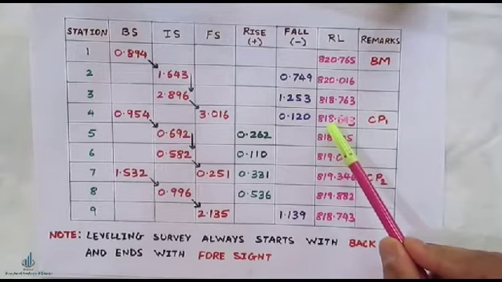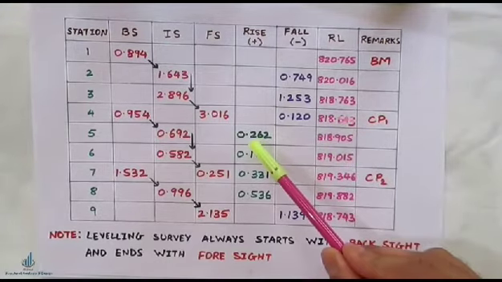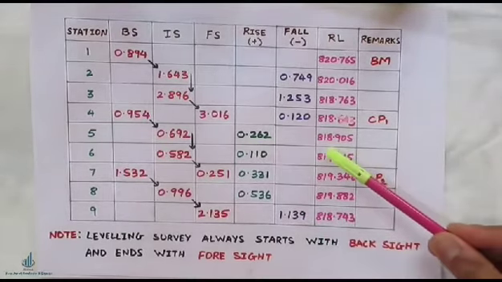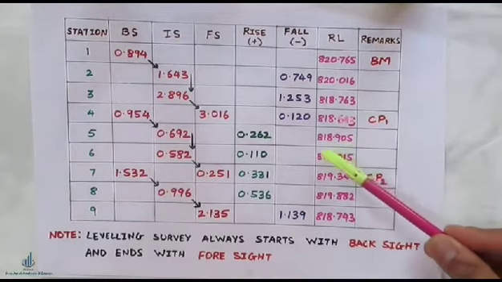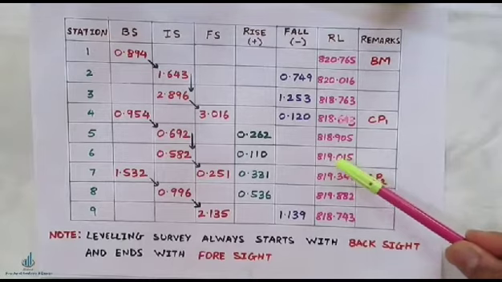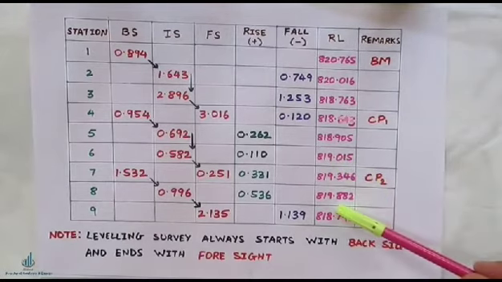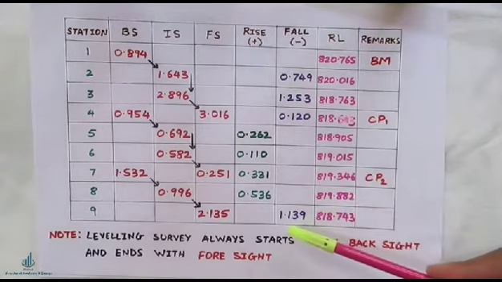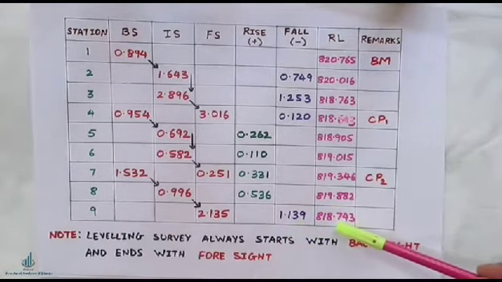So this value you have to take, 818.643. Then the next value is a rise value, so you have to add 0.262, and you will get 818.905. Similarly this RL plus 0.110 gives the next RL, and it follows on. One more, there is a fall value, that is 819.882 minus 1.139, and you will get the last RL as 818.743.